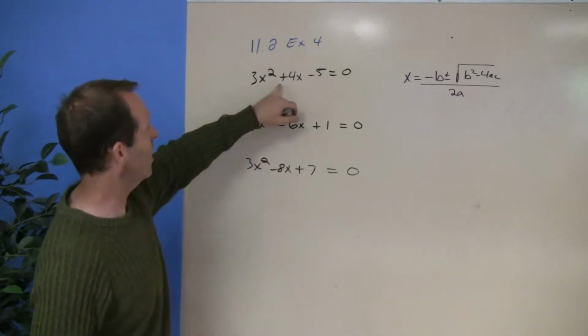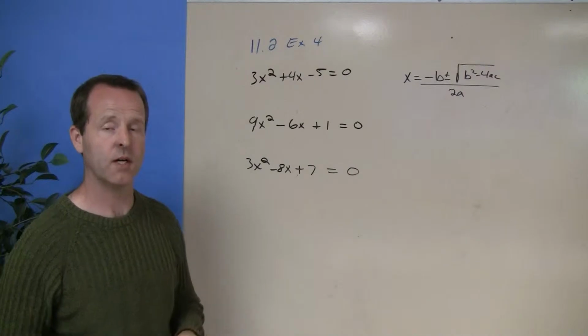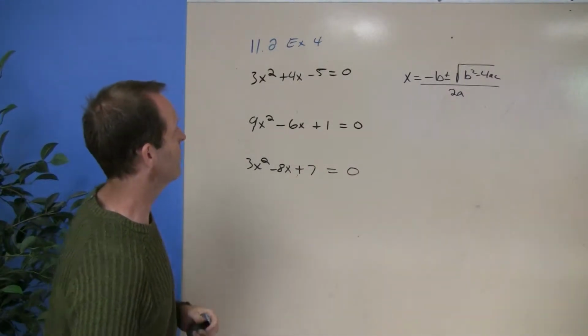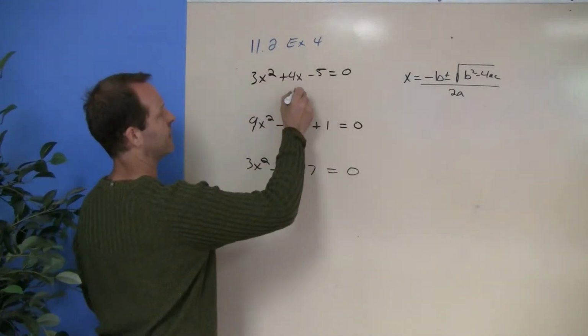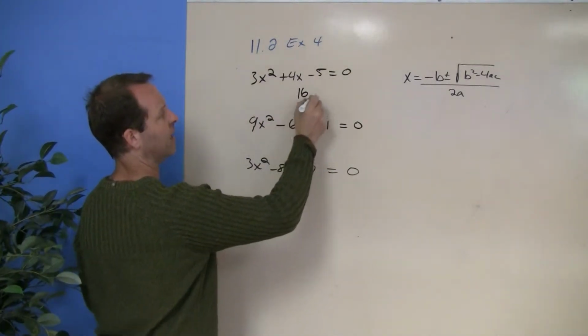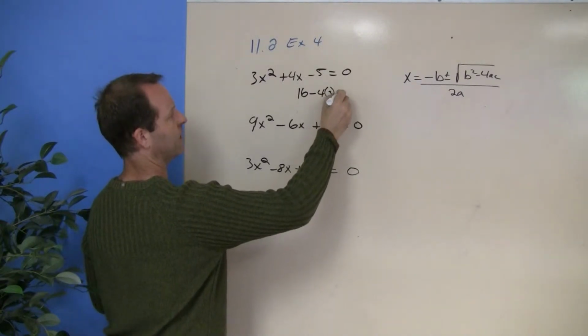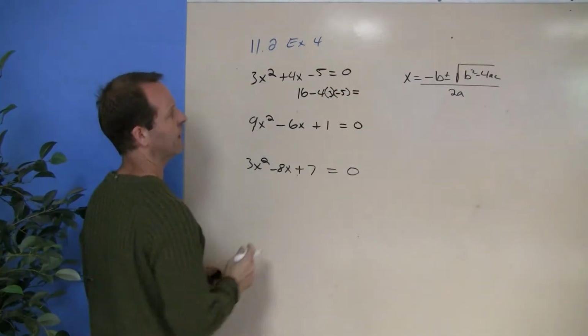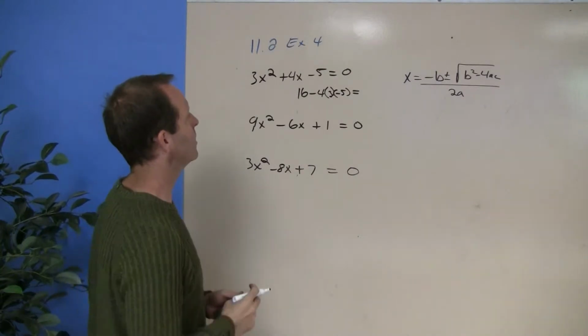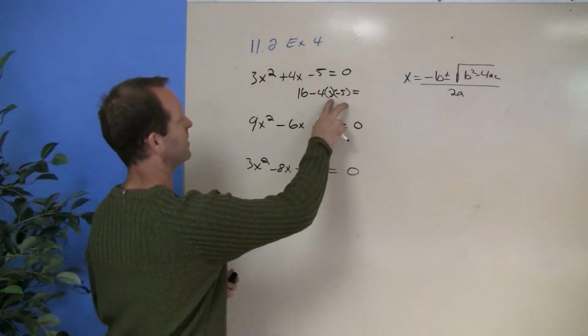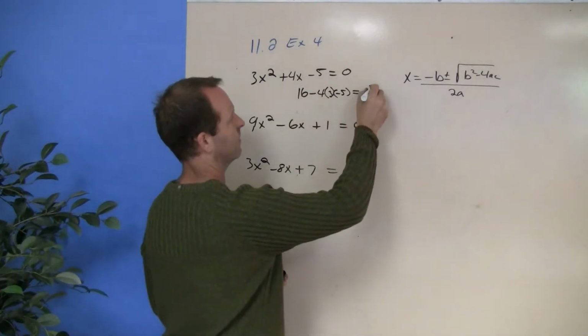So 3x squared plus 4x minus 5 equals 0. Let's just evaluate the discriminant. That's b squared, so that's 16, minus 4 times a times c. 16 minus 12 times 20 is 60, 76.